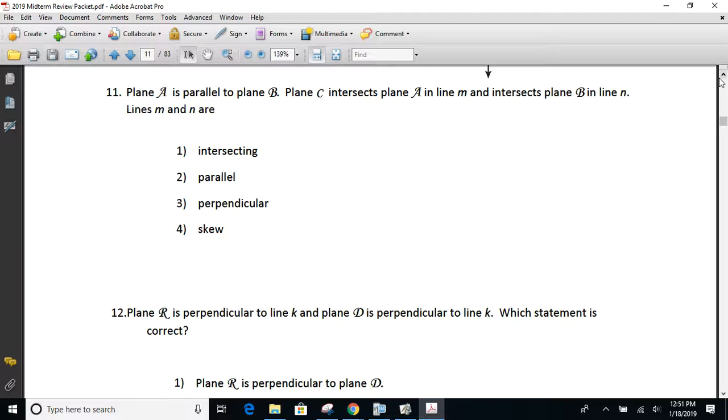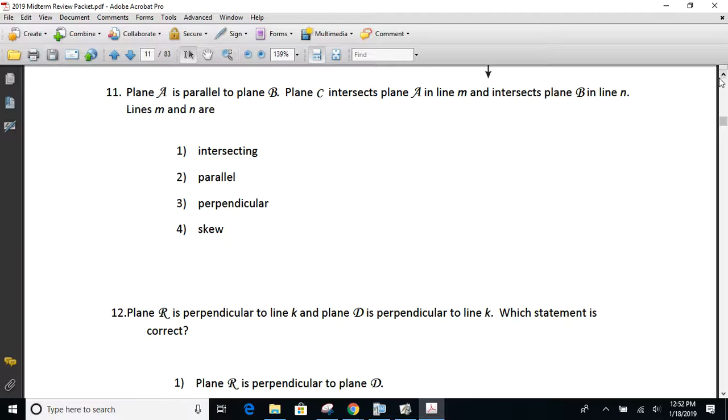Okay, here comes plane C to intersect them. If two planes intersect, how can you describe their intersection? That's a line. Okay, so ready? I have my line here that intersects one plane and my line here that intersects the other.